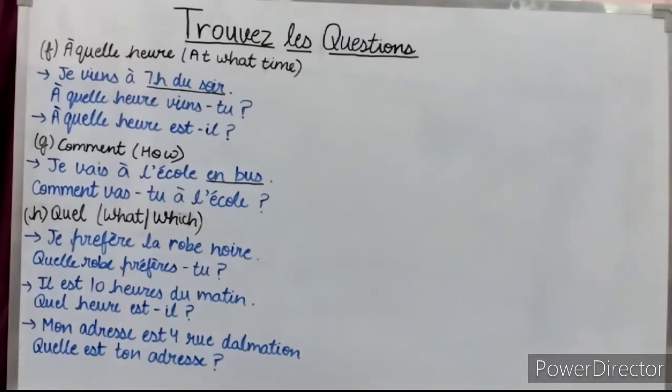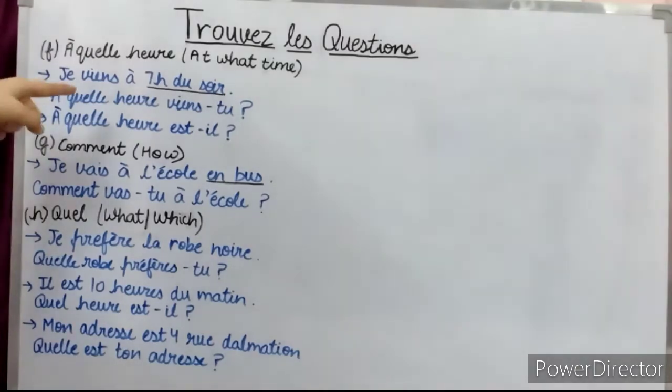So what is the difference between quand and à quelle heure? Quand is used when a specific time is not mentioned in the question, whereas à quelle heure is used when a specific time is mentioned. Like in this question, je viens à 7h du soir.